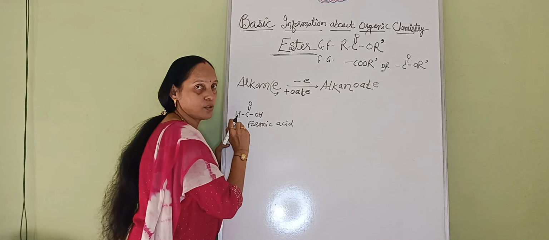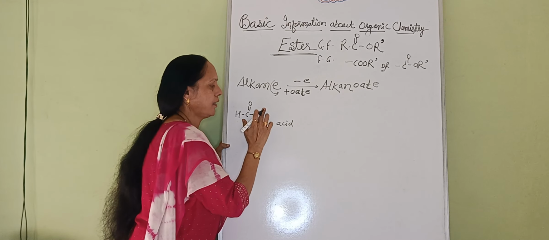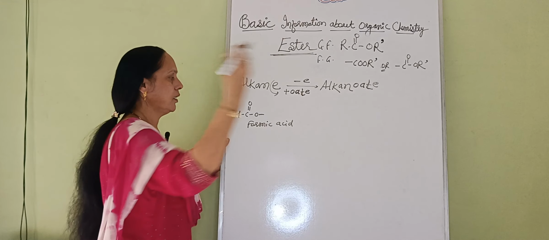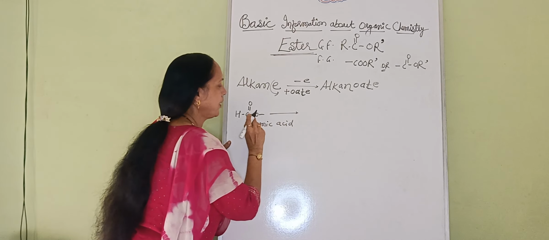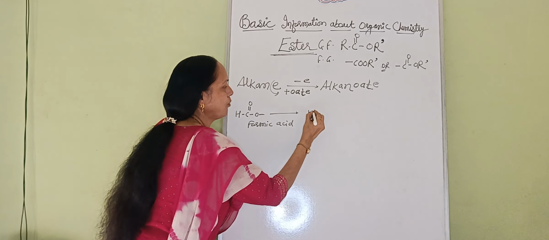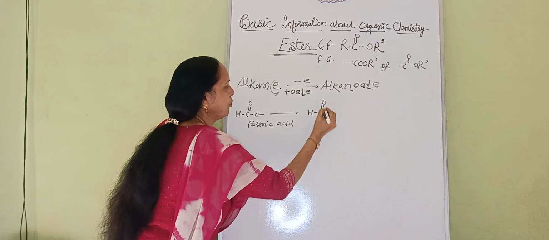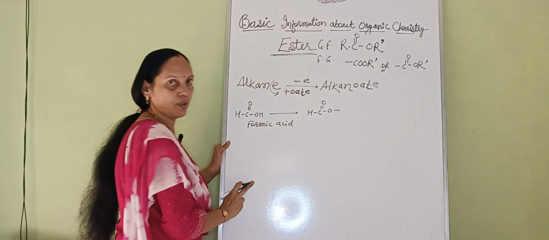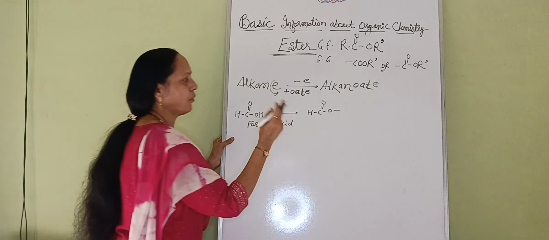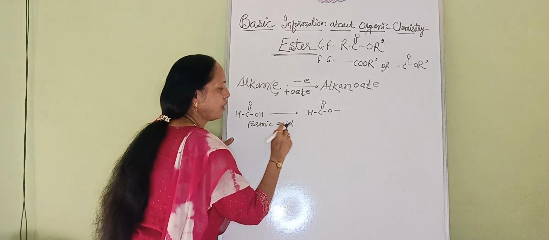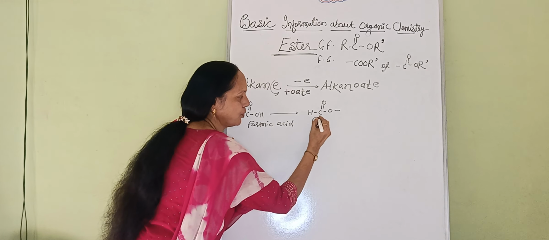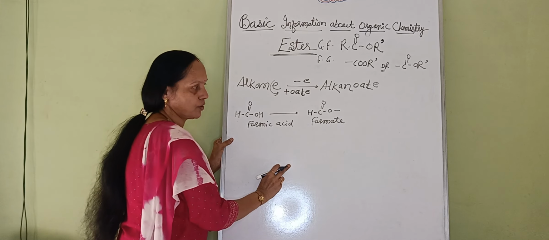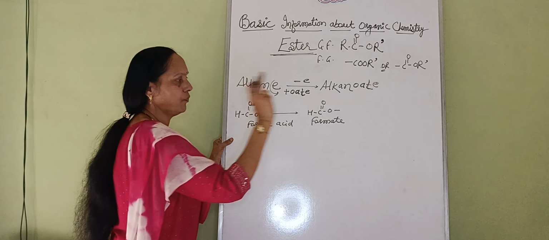If this H is replaced and a free valency is generated, then the compound is HC double bond OO, and the formic acid is converted into formate.